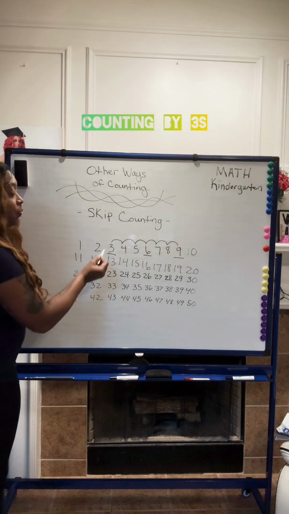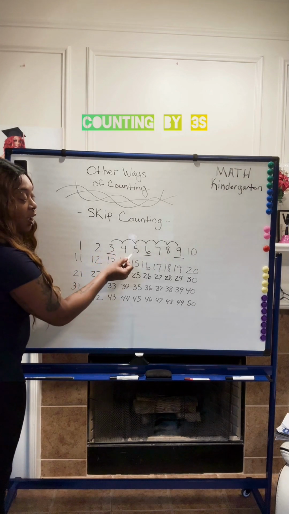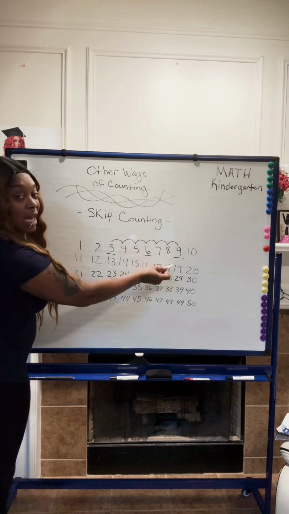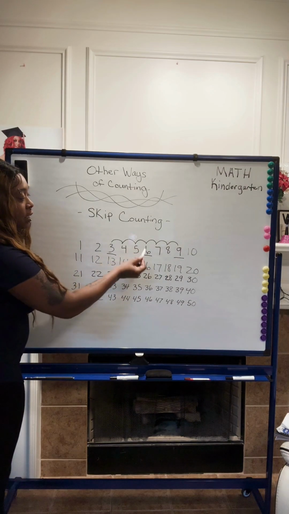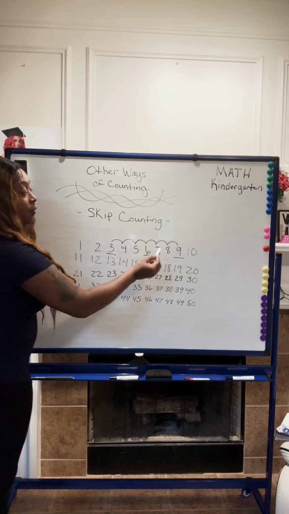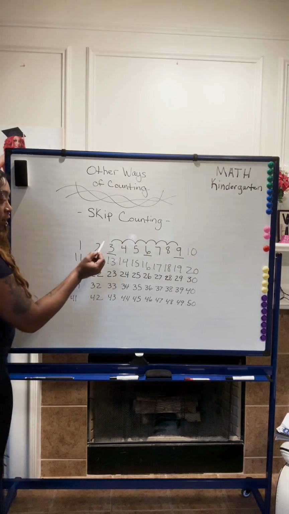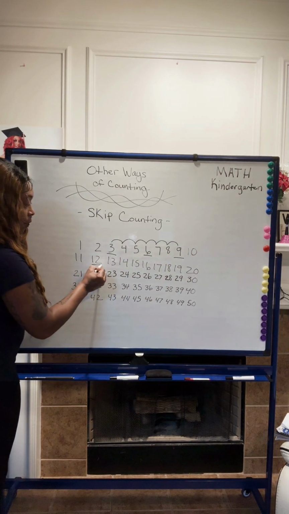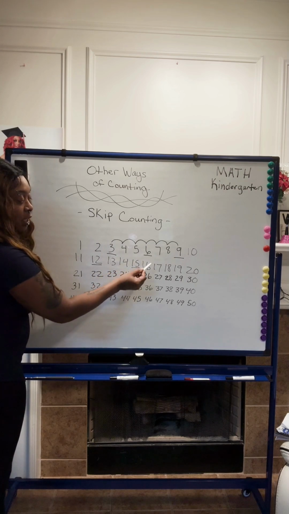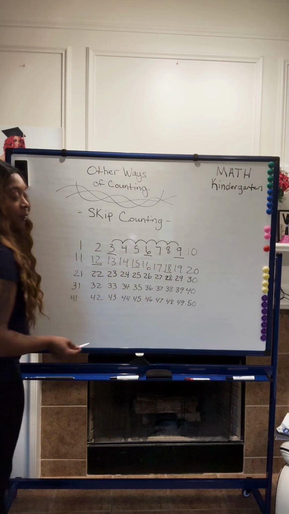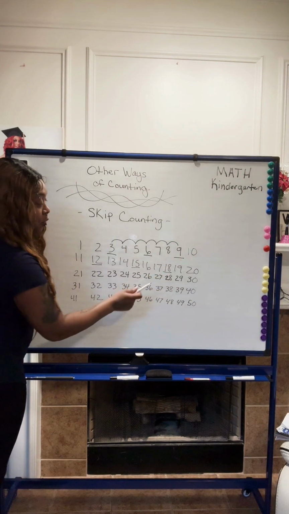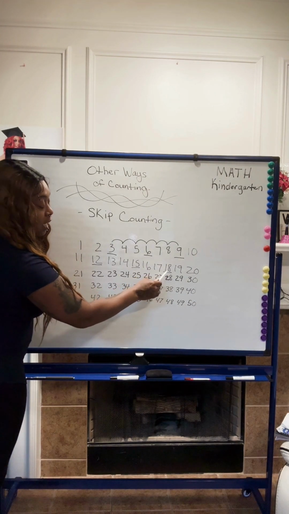We would say 3, skip 4 and 5, 6, skip 7 and 8, 9. 3, 6, 9. If we keep going, skip 10, 11, 12. Skip 13, 14, 15. Skip 16, 17, 18. Okay? If I say count to 20, it doesn't stop on 20. It will only stop up to 18.